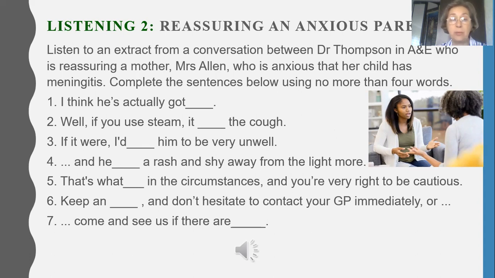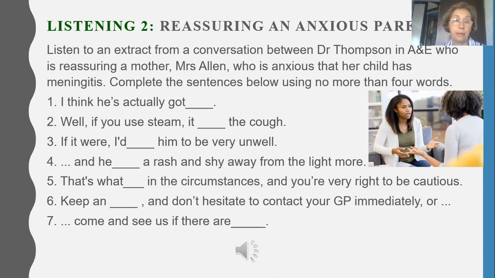Which sentence sounds empathic? You remember when we were speaking about empathy and sympathy, yes? So empathy is some kind of the doctor's previous experience, yes? Which sentence can sound empathic? How does the doctor show empathy?